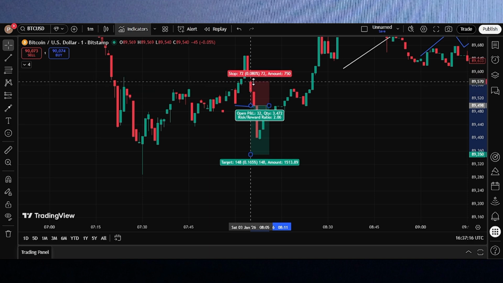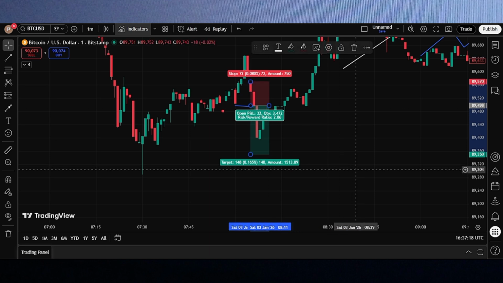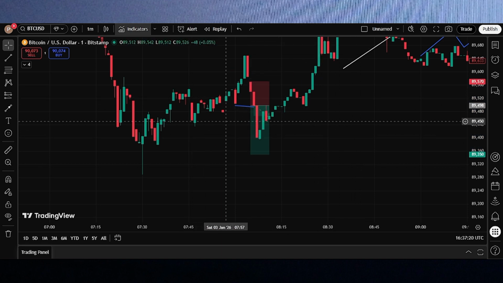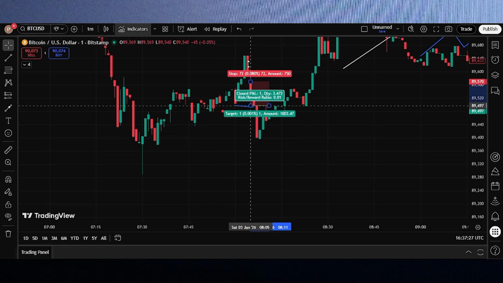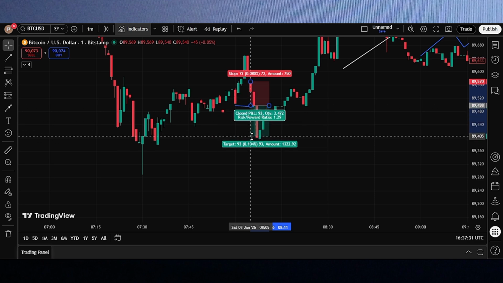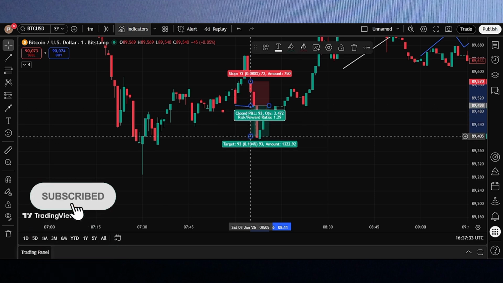You could set your stop loss to be equal, or almost the same area in which that particular price action broke out from.